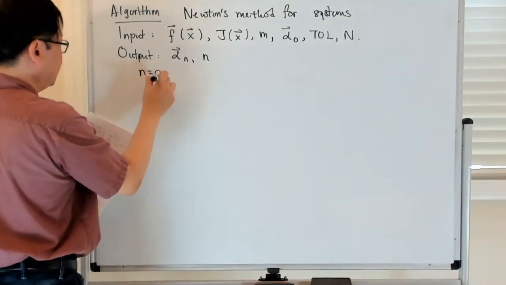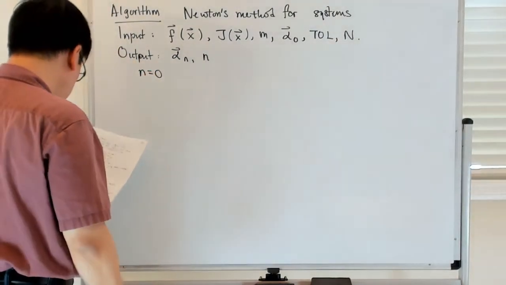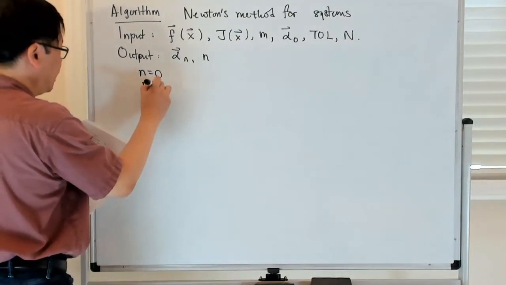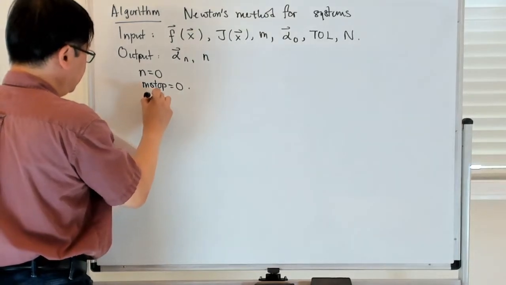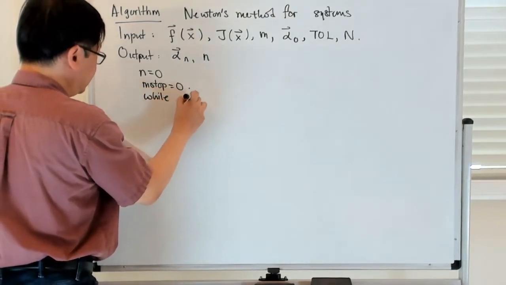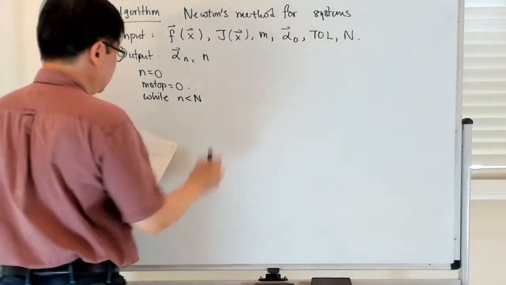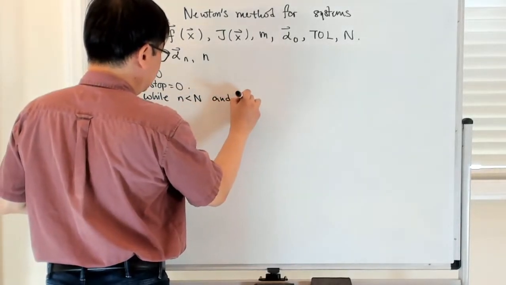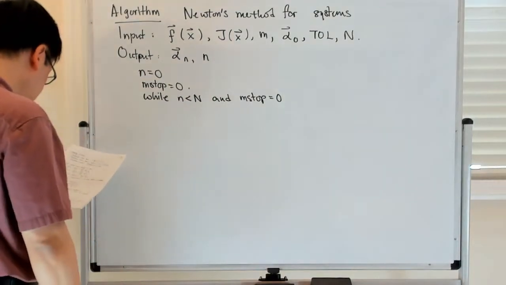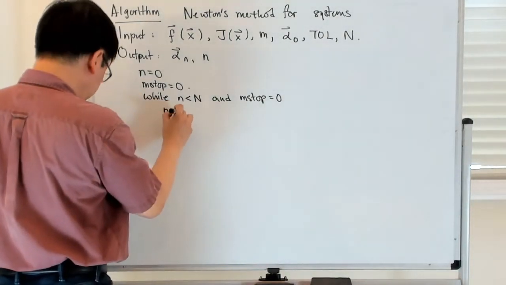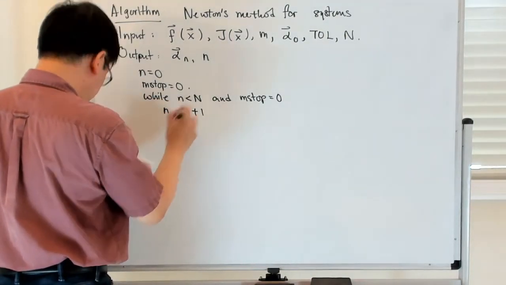So I start with the iteration count to be 0, and this stopping flag to be 0. And then as before, while the number of iterations is less than the maximum number of iterations and the termination flag hasn't been set, then I perform the iteration, n equal to n plus 1.